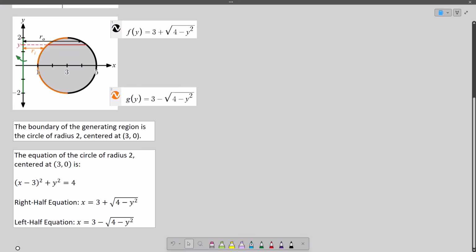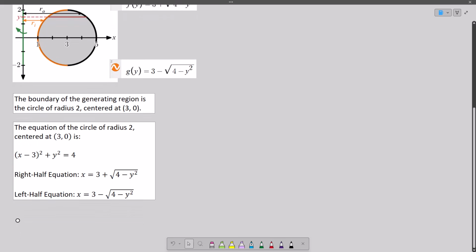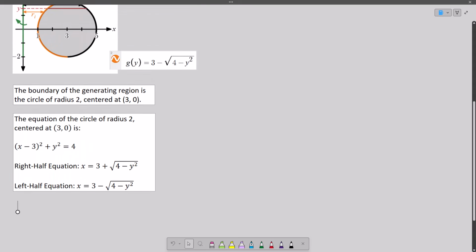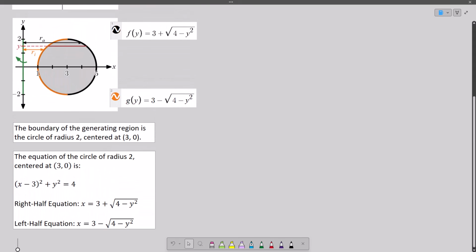From algebra, your equation of a circle centered at a particular point. Well, if we want to isolate x in this equation, we subtract off the y squared, we take the square root, and we get a plus or a minus, and then we add 3. So that's going to be the right half of the circle, that's going to be the left half of the circle. So we have those two semicircles.